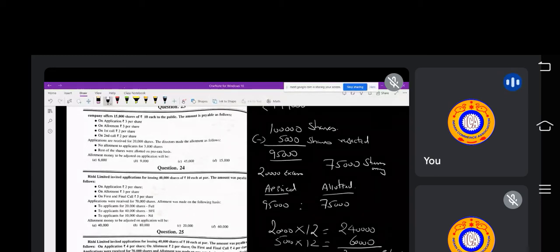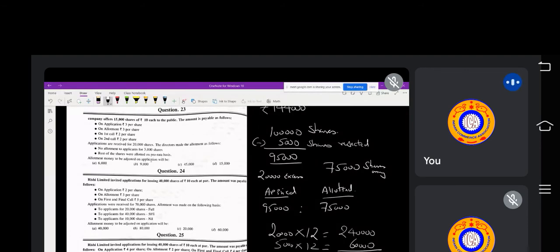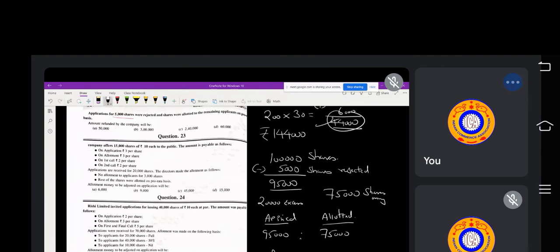So look here how they have set the options. The options have been given in such a way that for the 22nd question, you have got 60,000. If you are considering only these 5,000 shares which have to be refunded, then you go only with 60,000, which will be a wrong answer.